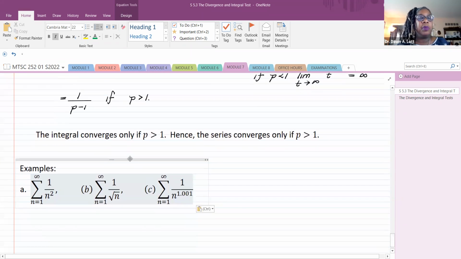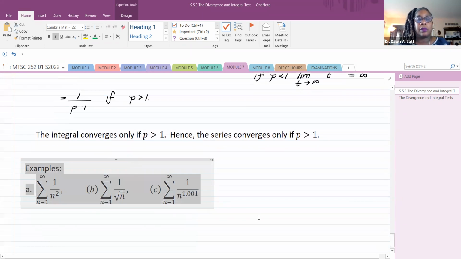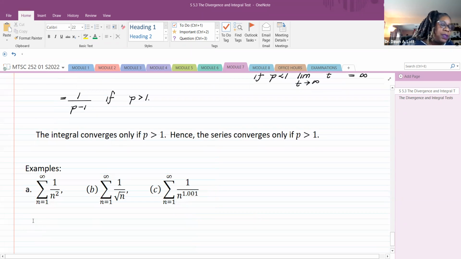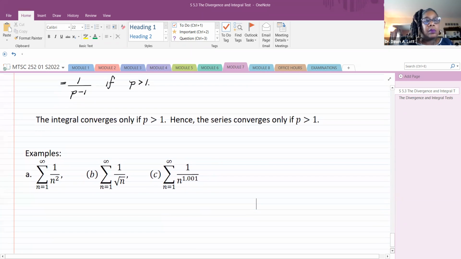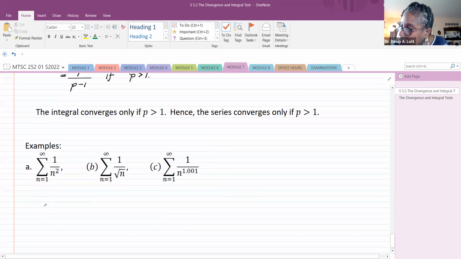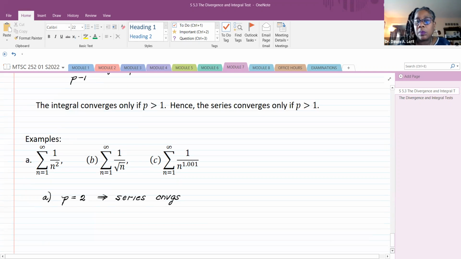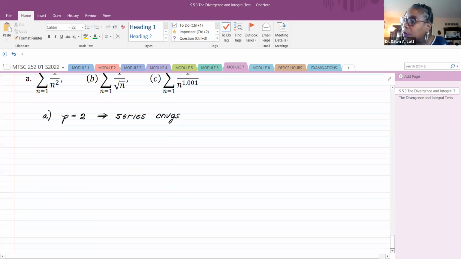All right, Peyton gave me the value of p earlier. So what happens to A? In A, p is 2. The series converges. Oh, you can't see it.